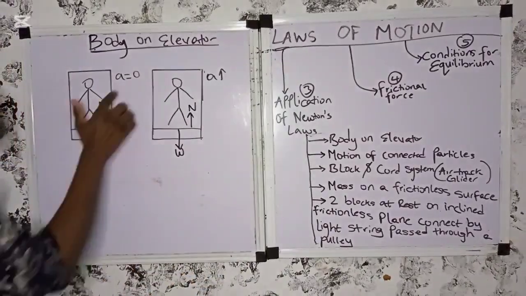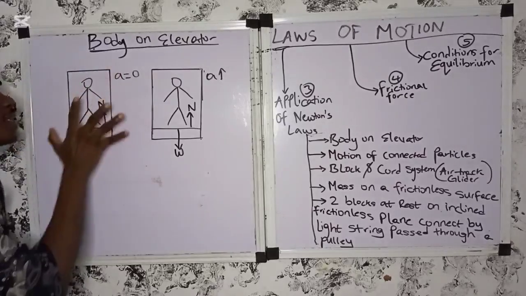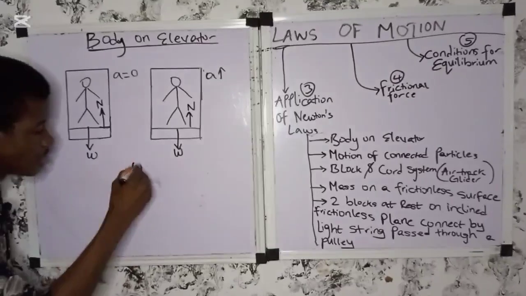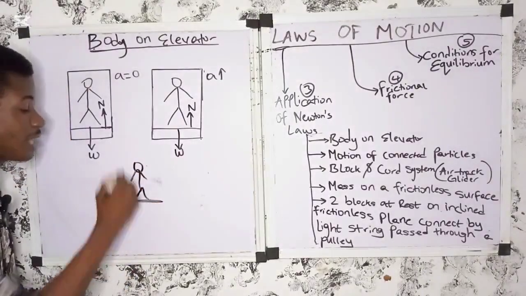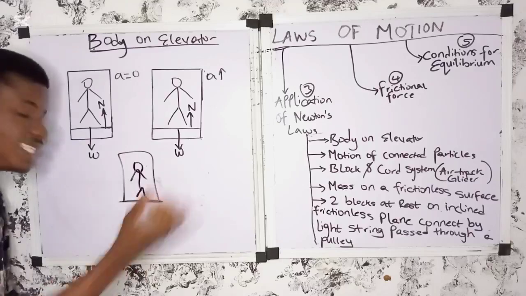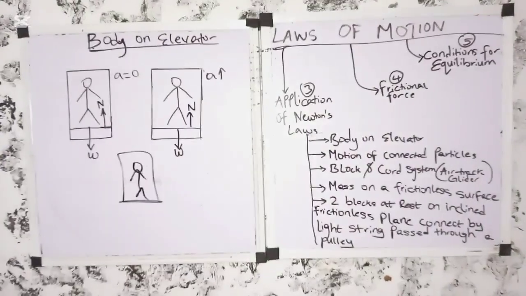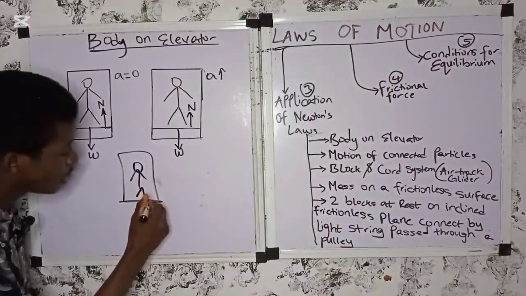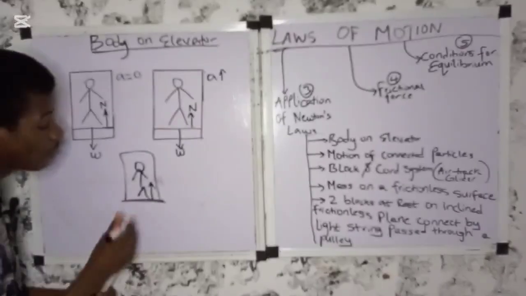Now when the elevator is not moving, if you look at this scenario here, let's say the man is standing on the elevator, right? According to what we did previously, there is an upward force exerted by the floor of the elevator.